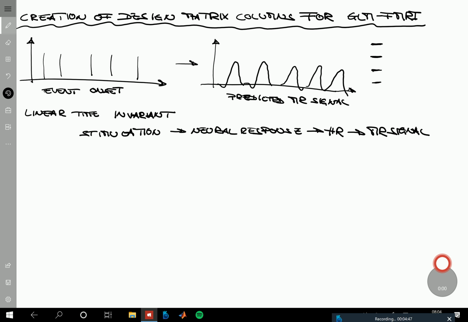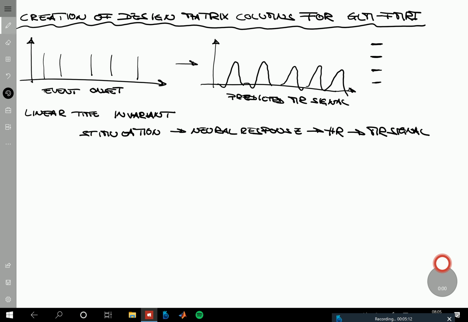And from this they followed that the whole system of stimulation, neural response, hemodynamic response, and MR signal behaves as a linear time invariant system if the events are separated by between 5 and 8 seconds or something, then it works.